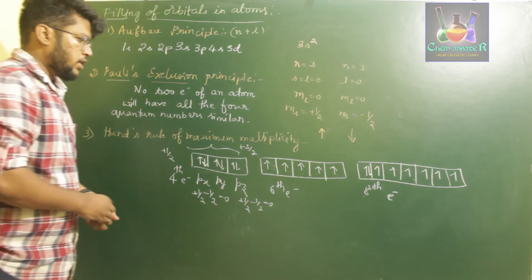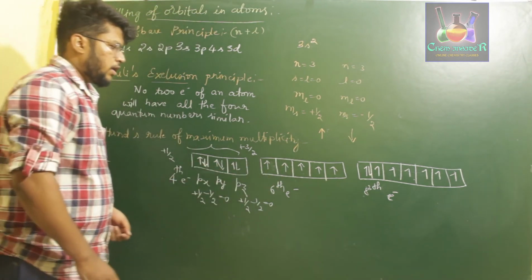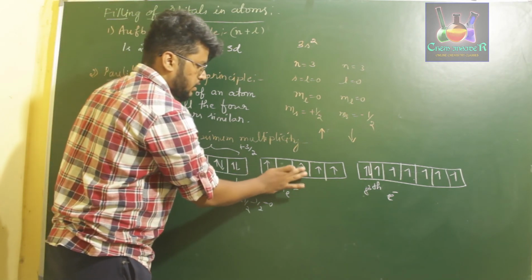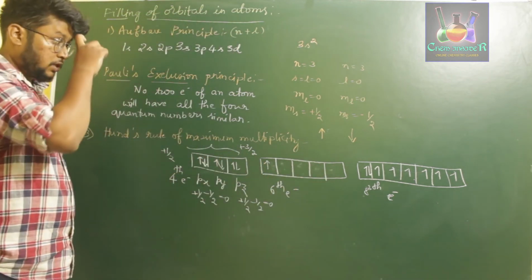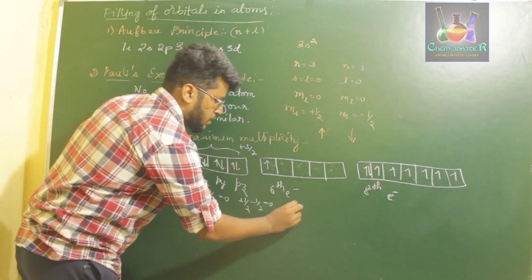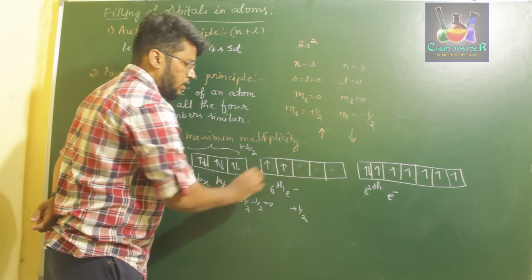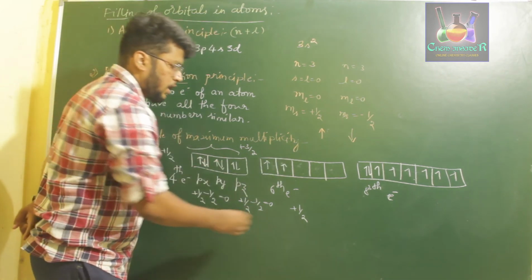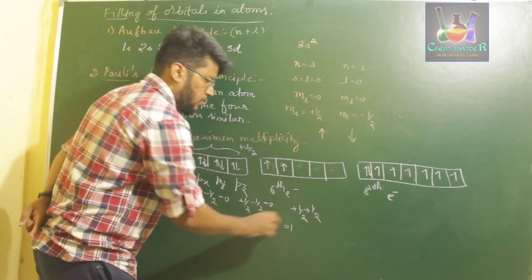Now if you consider the d orbitals, let us start filling the electrons. I provide the first electron to the first d orbital, and the spin at this point is plus 1 by 2. If you enter the second electron in the second orbital, the spin is plus 1 by 2 again, therefore the total spin will be 1.